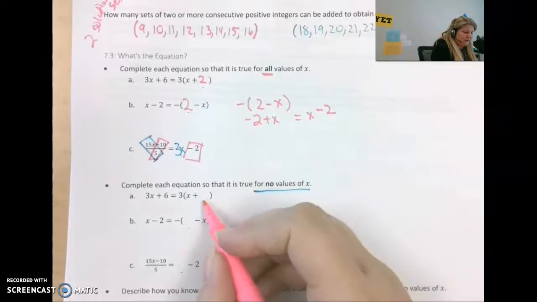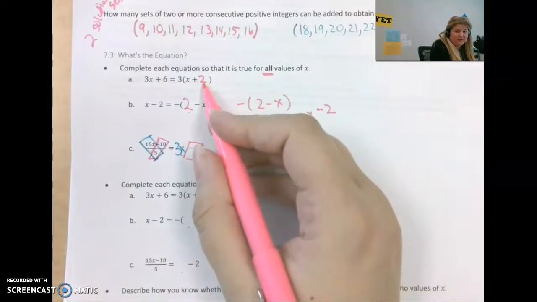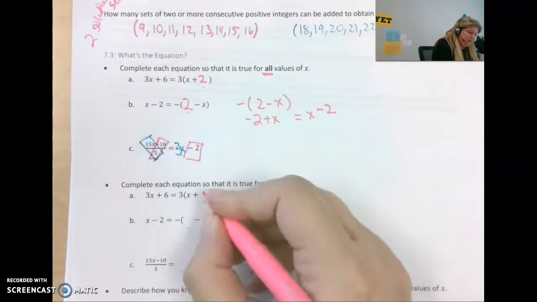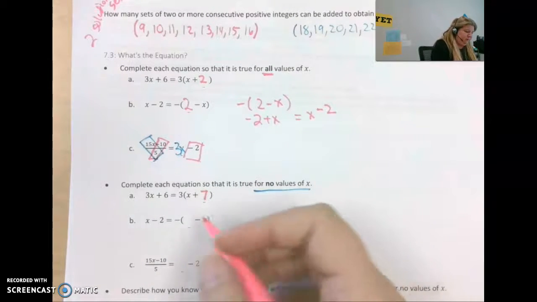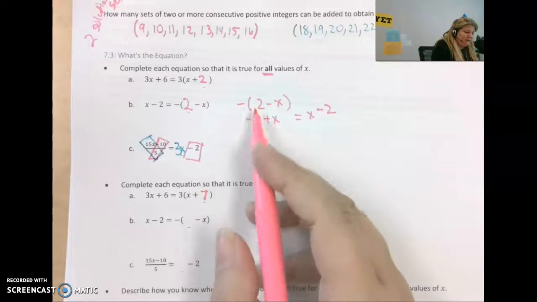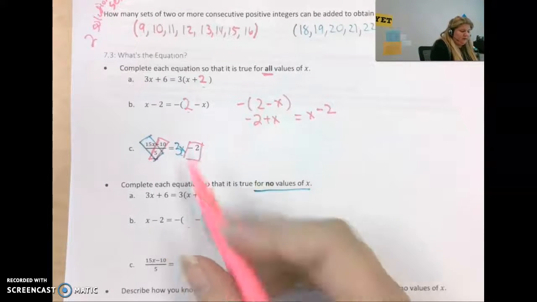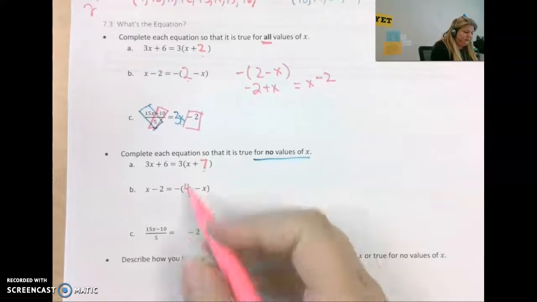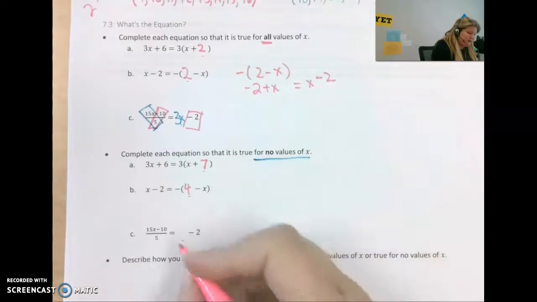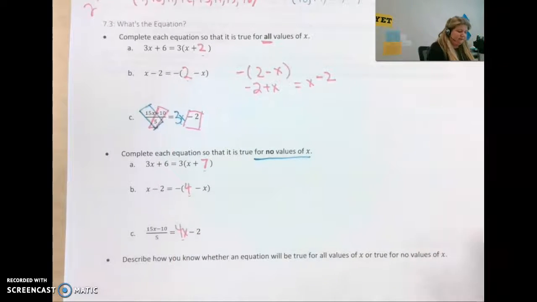So I could use any number other than the 2 I used to make it always true, and then it's never true. And anything other than the 3x I used to make it always true, and it's never true.